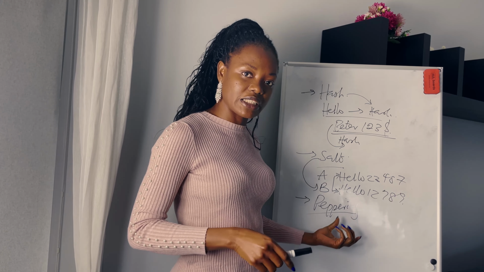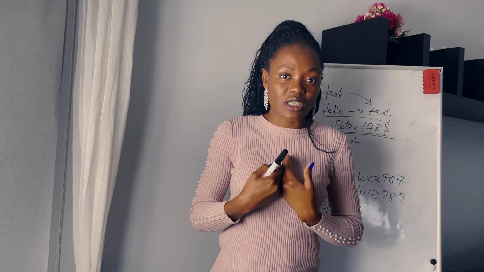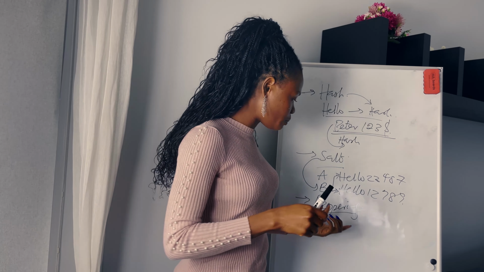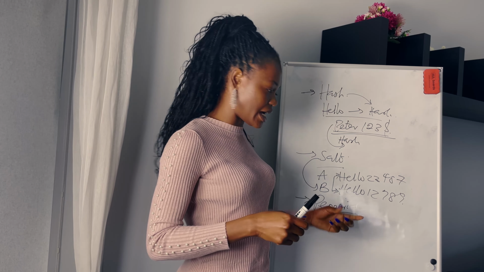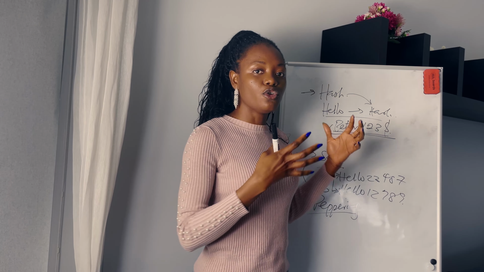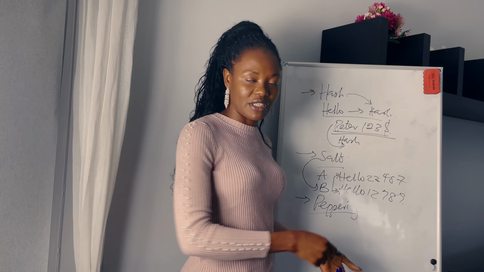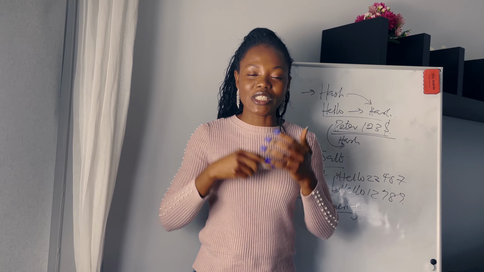Now, what is peppering in this context? Peppering is like saying I am using a secret family recipe to prepare my pancake. My friend is not using the family recipe. So even if an attacker has the same quantity of salt that I use and knows the same flour that I use, without the family recipe they would not be able to do it exactly the same.